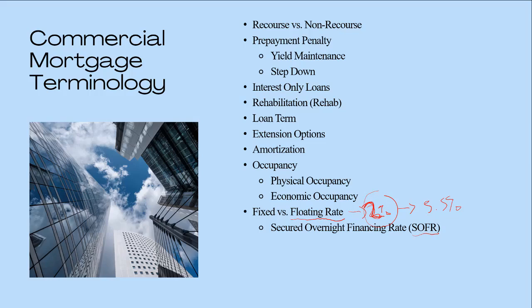It's a short-term loan, and your collateral is basically risk-free, which is U.S. Treasuries, and so it's essentially the risk-free rate. It's just the minimum interest rate that exists in the market, and then the loan is going to give you a spread off of that.